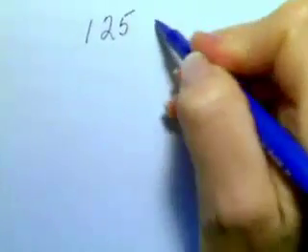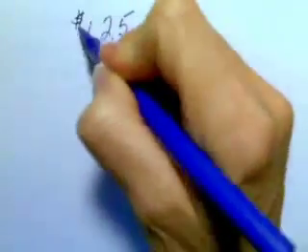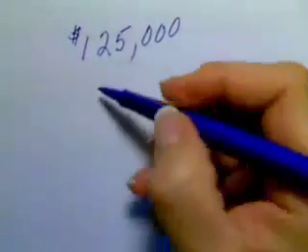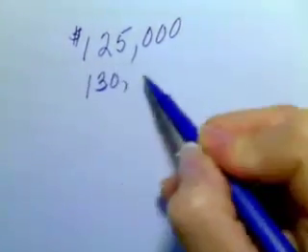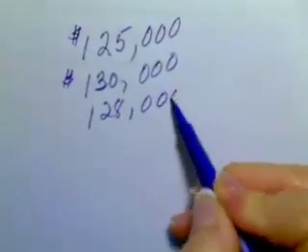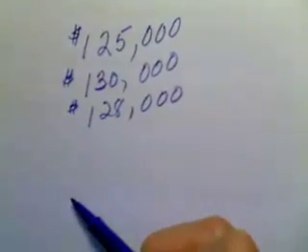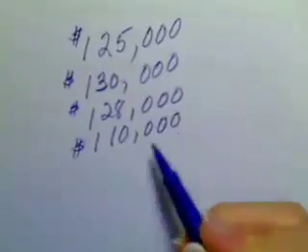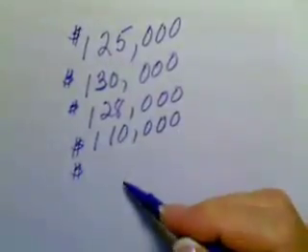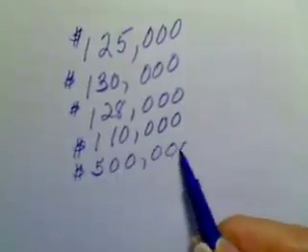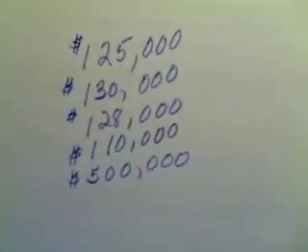Let's say that you are interested in buying a home, and we have a home for $125,000. We have a home for $130,000. We have a home for $128,000. We have a home for $110,000. And then we have a home that's in this housing development that is a $500,000 home.